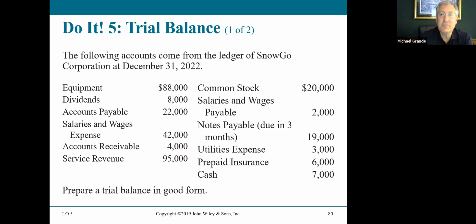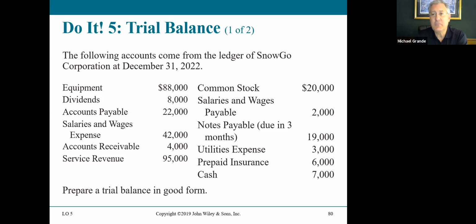Salaries and wage expense. Expenses are a reduction of equity, has a normal debit balance. Accounts receivable is an asset. Assets have a normal debit balance. Service revenue, it's a revenue account. It increases equity, has a normal credit balance. Common stock, increase in equity, normal credit balance.